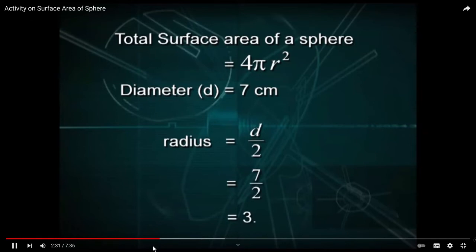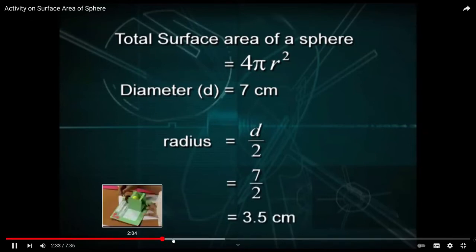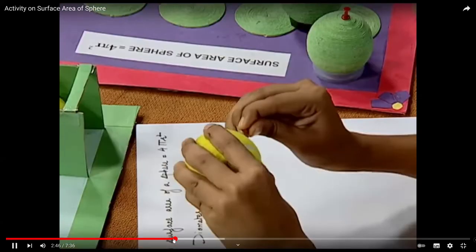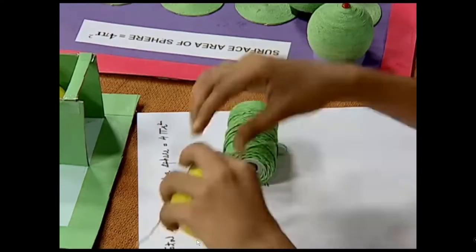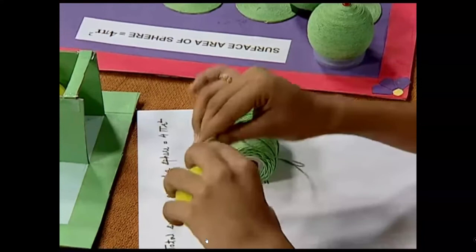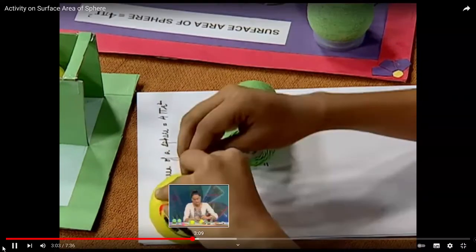Now what we have to do is, on the surface of the sphere, on any part of the sphere, with the thin thread, we have to cover the sphere completely, in such a manner that there is no space.